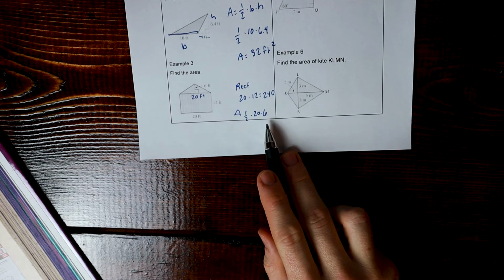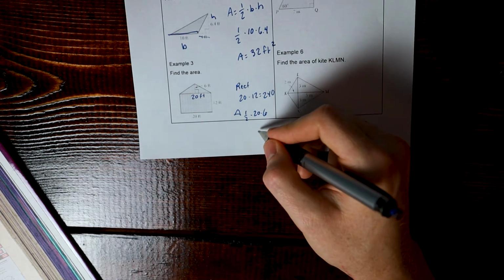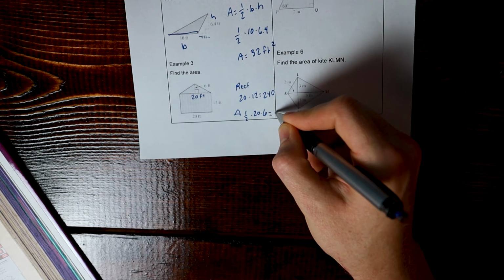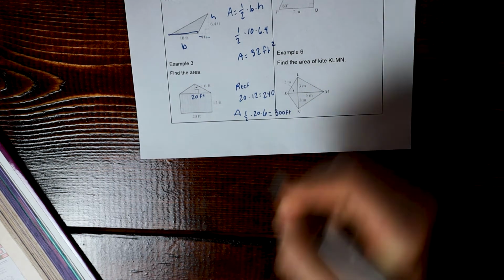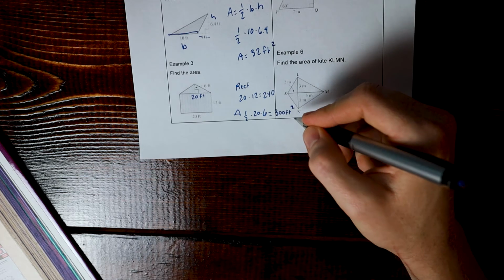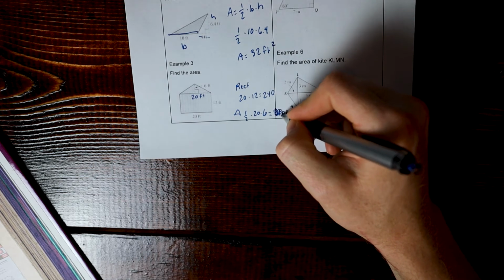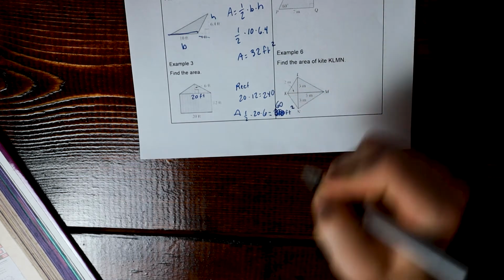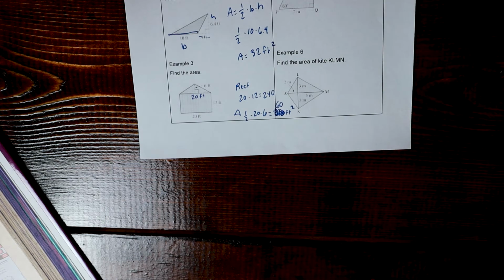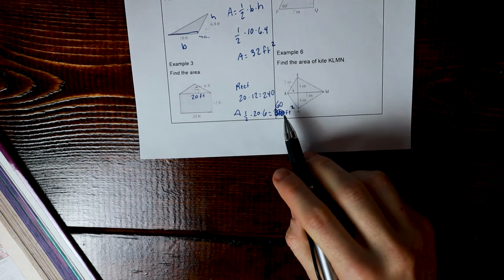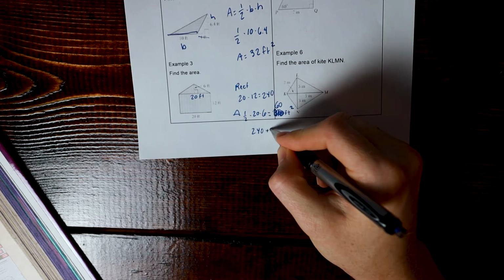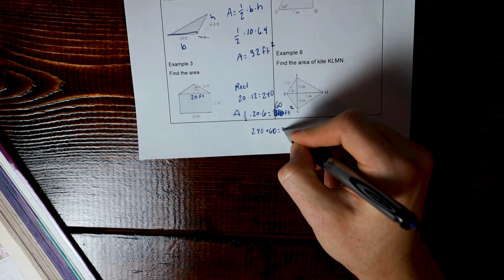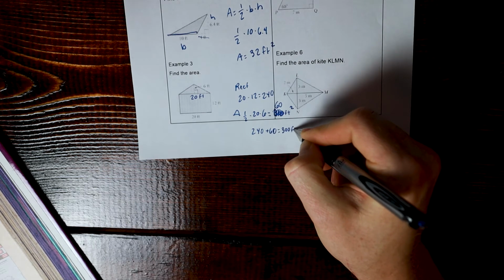That gives us the area of the triangle being, excuse me, 60 feet squared. Sorry, 300 is the final answer. So when we add those, we will get 300 feet squared.